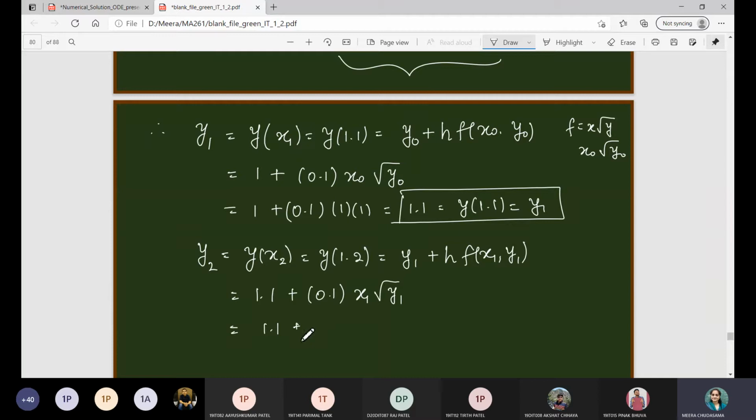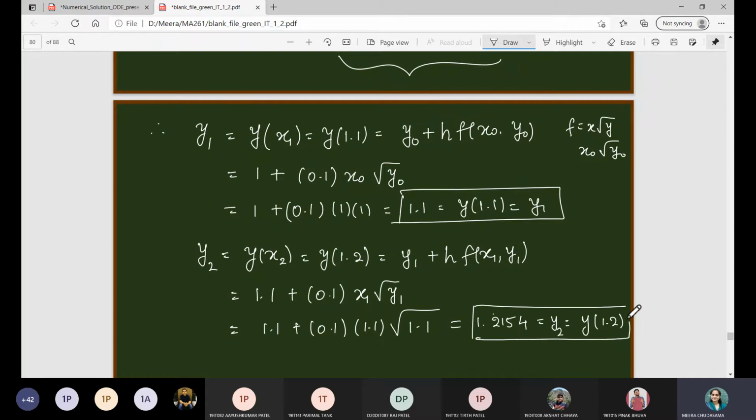So it is 1.1 plus 0.1, x1 is 1.1, and square root of y1 is square root of 1.1. Evaluate it and let me know the answer. 1.2154 it will be. Yes, this is the second approximation.